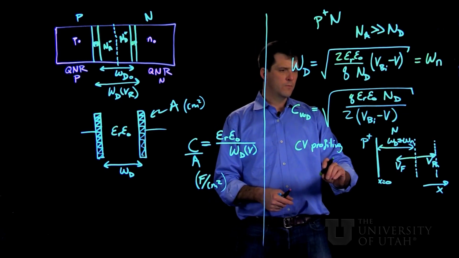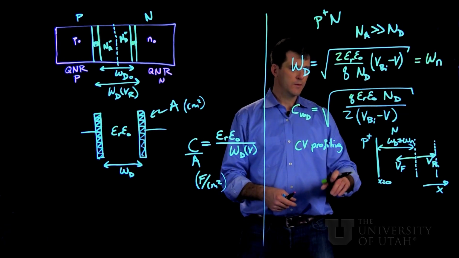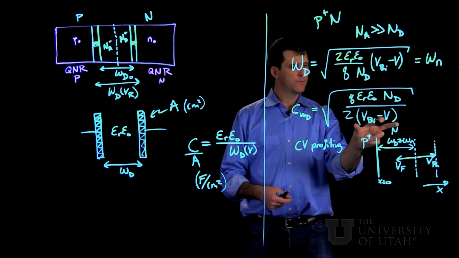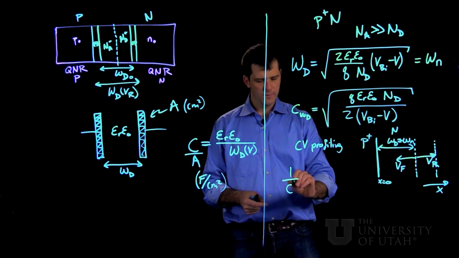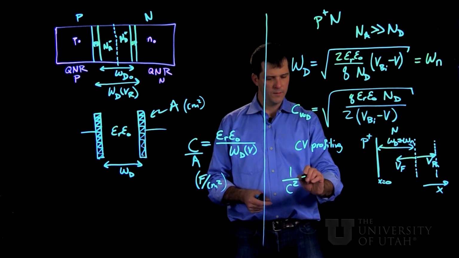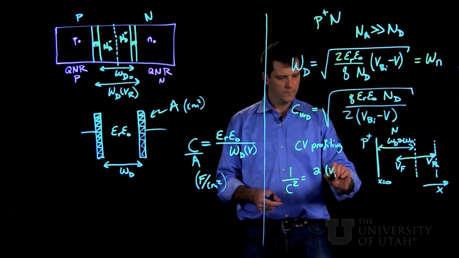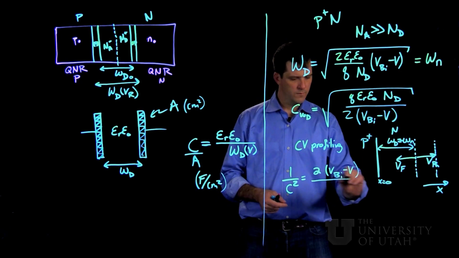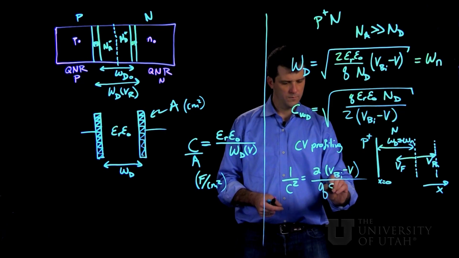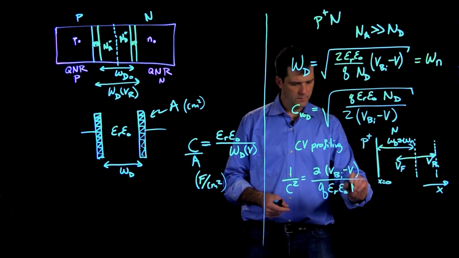So if we want to get a plot which is linearly proportional to voltage, we're going to have to square this and invert it. So we take 1 over C squared, and this equals twice V built-in minus V over q epsilon relative epsilon naught and d.